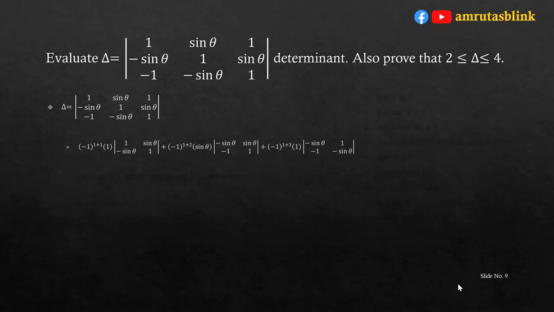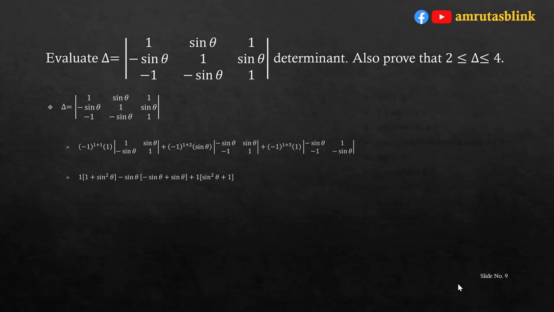So, minus 1 raised to 1 plus 1 into 1 into determinant 1 sin theta, minus sin theta 1, plus, for the first row second element, minus 1 raised to 1 plus 2 into sin theta into determinant minus sin theta sin theta, minus 1 and 1, plus minus 1 raised to 1 plus 3 into 1 into determinant minus sin theta 1, minus 1 and minus sin theta.